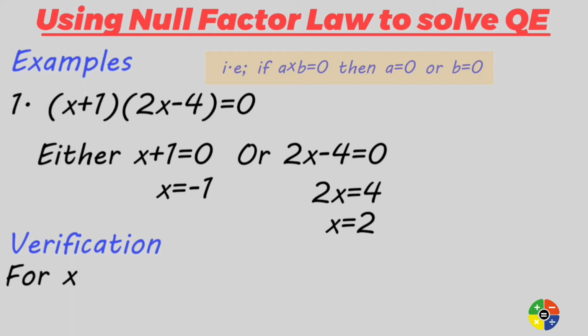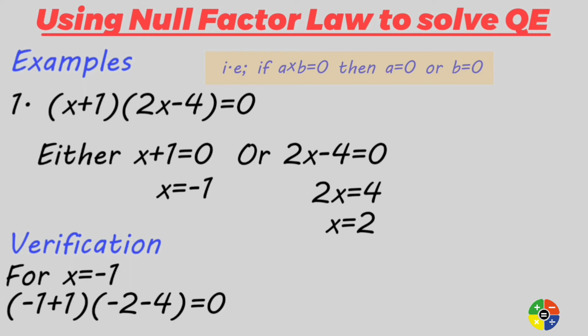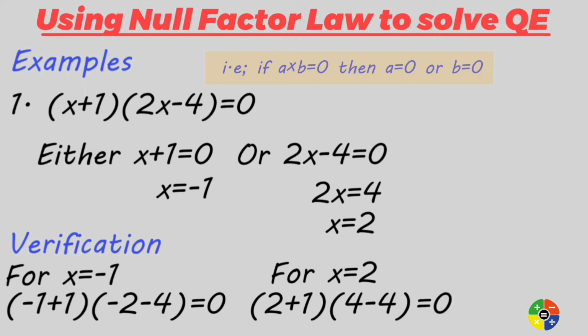For x is equal to -1, we have (-1 plus 1)(-2 minus 4), which gives 0 since the first bracket simplifies to 0. For x is equal to 2, we have (2 plus 1)(4 minus 4), which equally gives 0 since the second bracket boils down to 0. Hence, these values of x are satisfied.